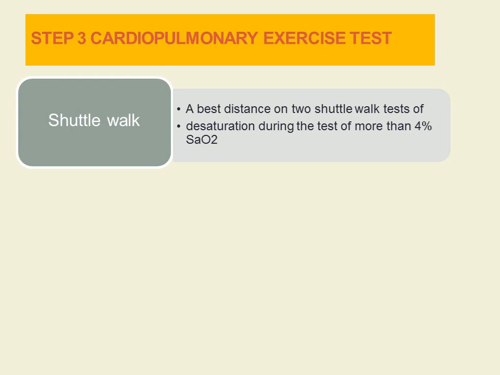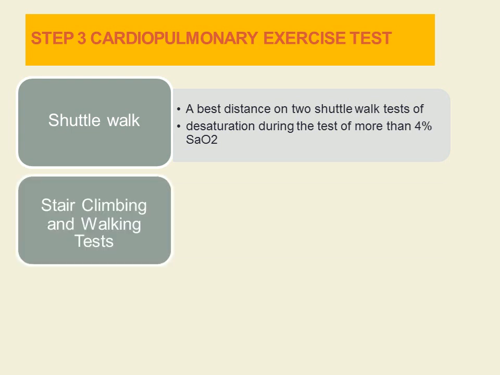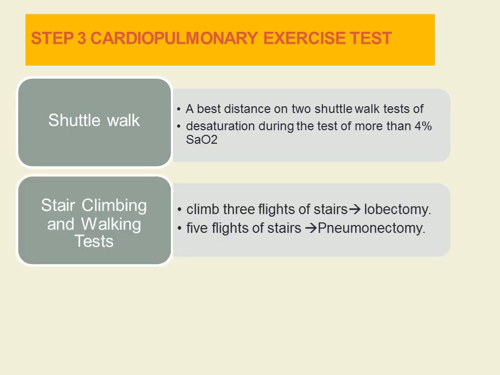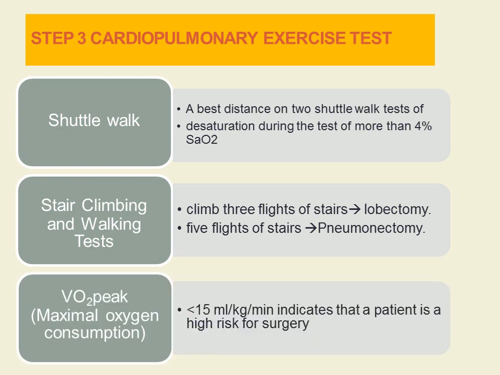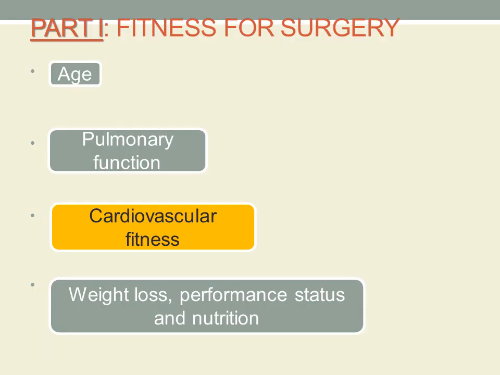Desaturation of more than 4% of SaO2 on the test, stair climbing and walking tests. Climbing 3 flights of stairs is good for lobectomy, 5 flights is good for pneumonectomy. VO2 max less than 15 ml per kg per minute indicates that the patient is high risk for surgery.